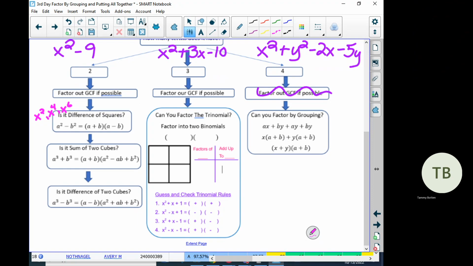For sum of 2 cubes, you'd either have x to the 3rd or x to the 6th. So the only one that can be all of them is if you have x to the 6th. And that's when you would look at your numbers and see, are they squares or are they cubes?